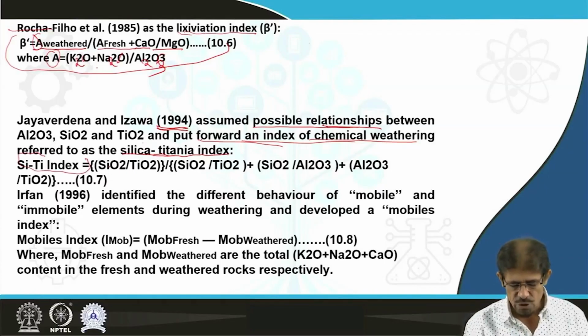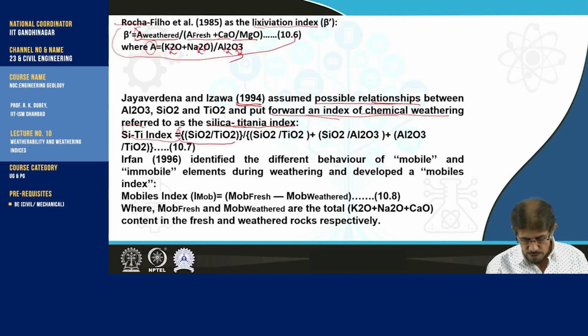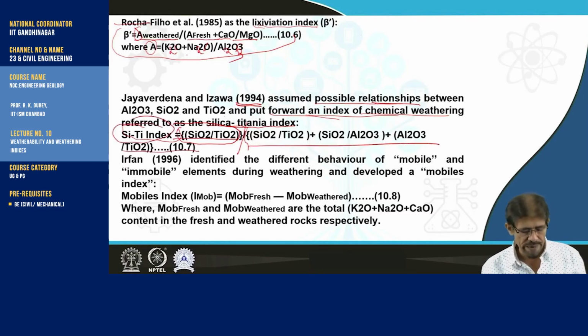It is the ratio of SiO2 divided by TiO2, divided by SiO2 divided by TiO2 plus SiO2 divided by Al2O3 plus Al2O3 divided by TiO2. This SiO2 divided by TiO2 on the upper side, then divided by this whole thing, provides the SiTi index.